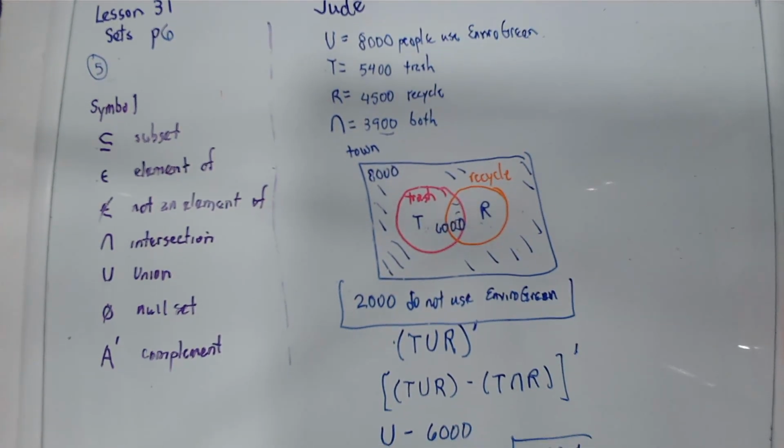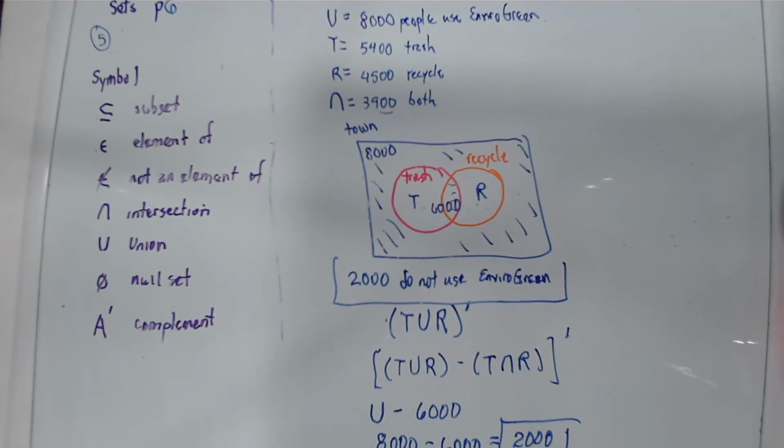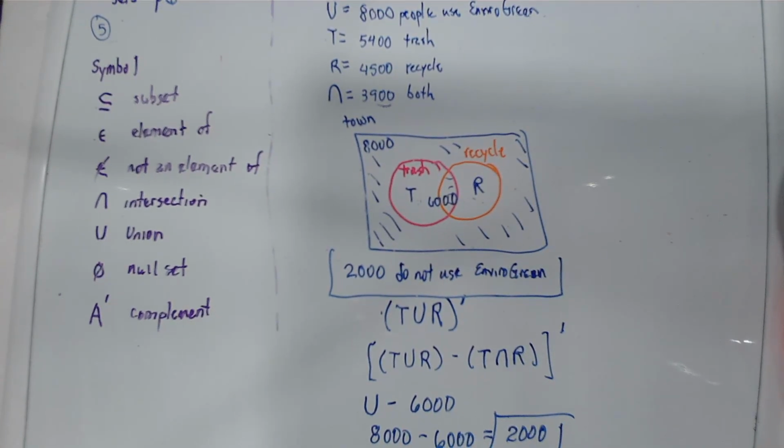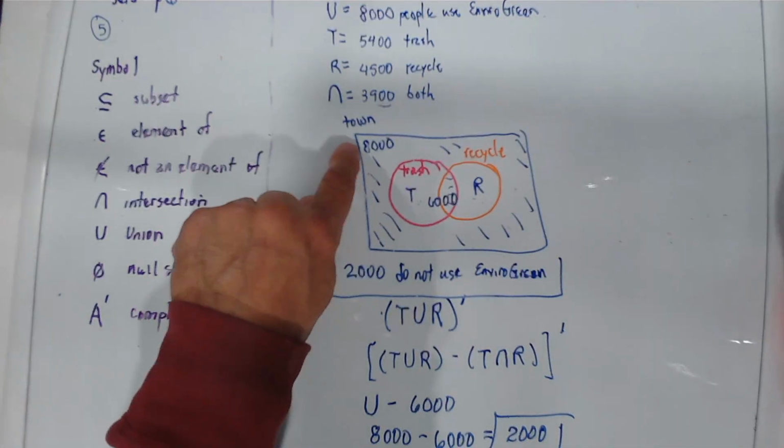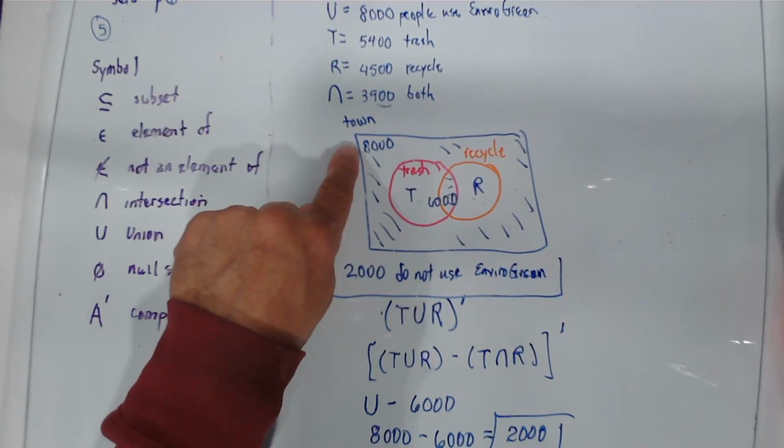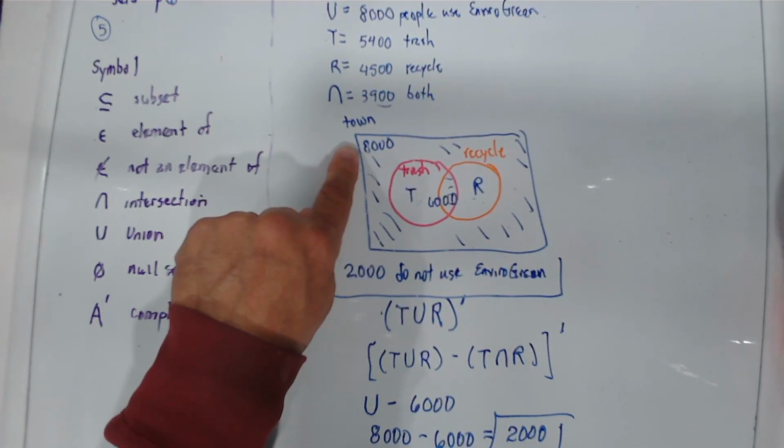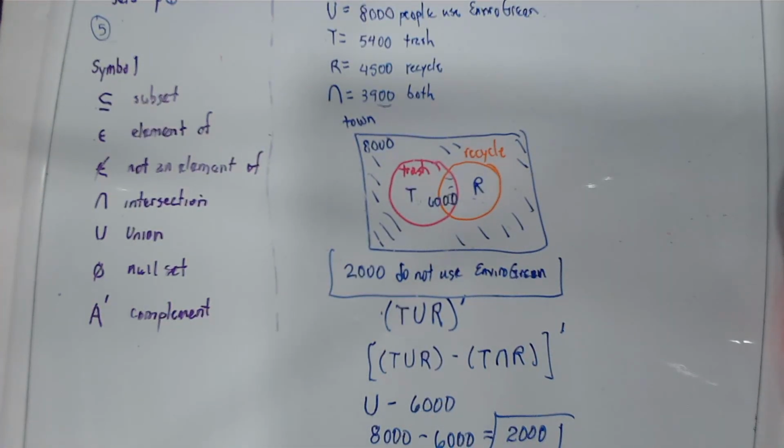I'm going to raise this up so you can see it a little bit better. So you can see our total is going to be 8,000, and we're going to have our value there of U minus the 6,000, and you remember how we got 6,000, right?